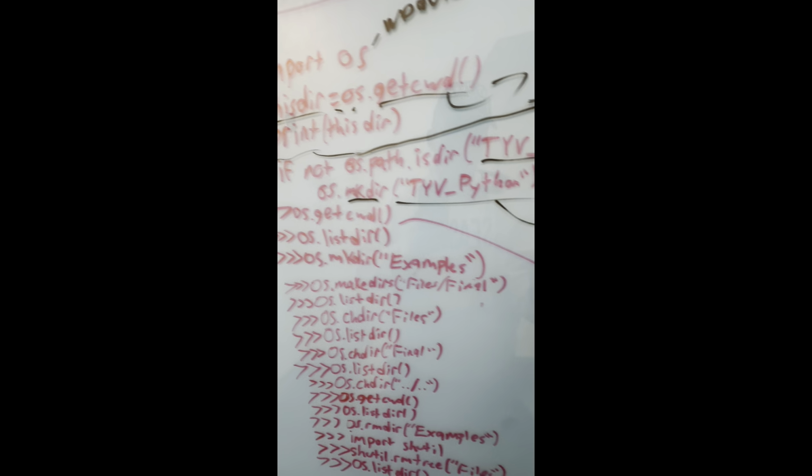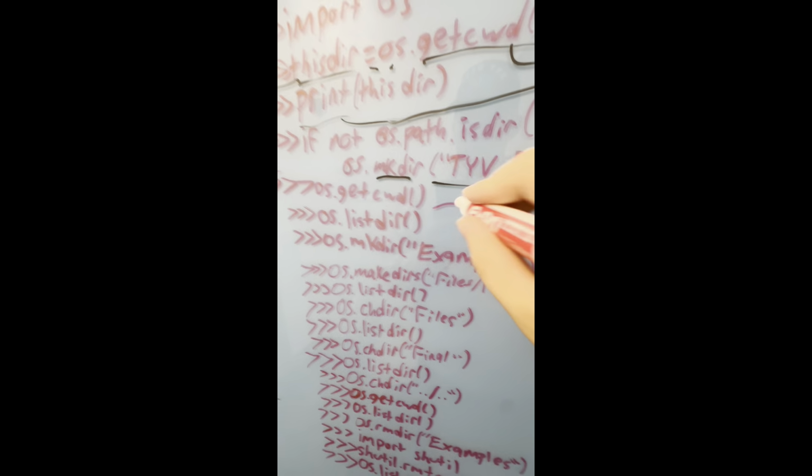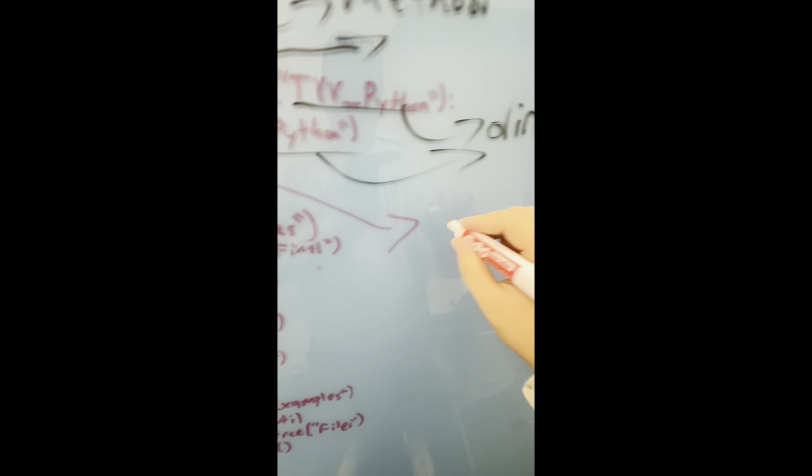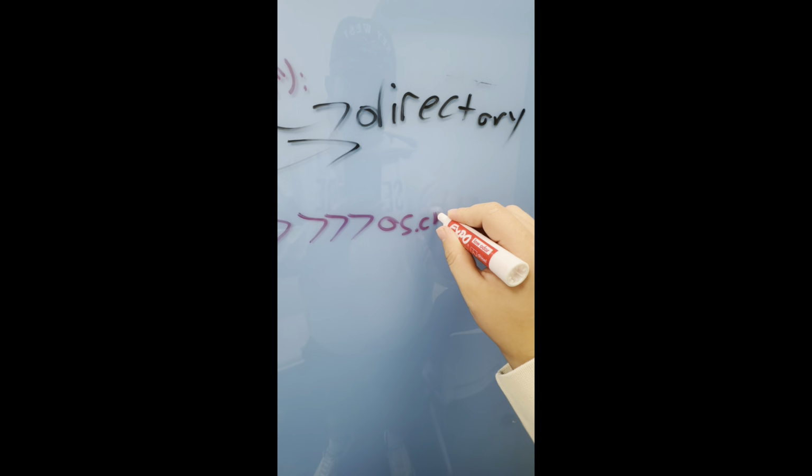Actually, let me just write it over on this other side, so I do have space. Okay, so I'll write that over here. So in between these two, it's supposed to be os.chdir.